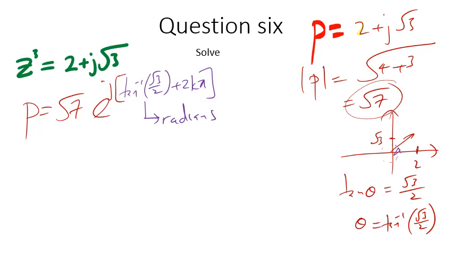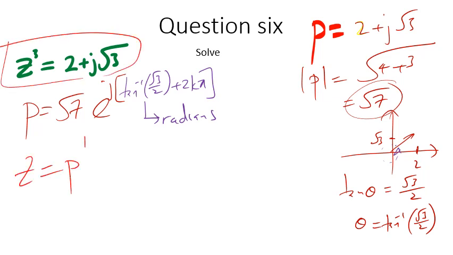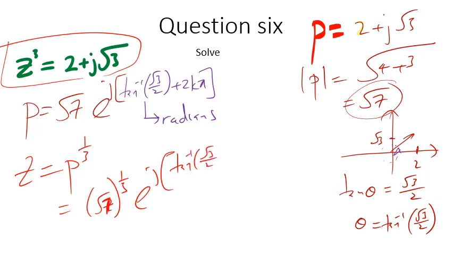And so if I want to solve this, I'll say z is eventually the cube root of p, which is then equal to root 7 to the power 1/3 e to the j tan inverse, which is now a number in radians, plus 2k pi all over 3. And then you generate your 3 solutions.